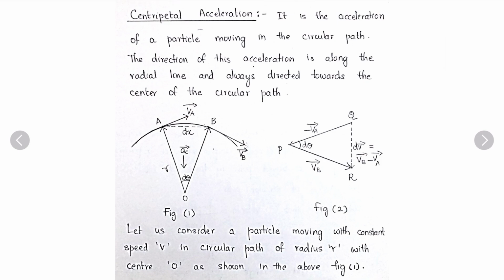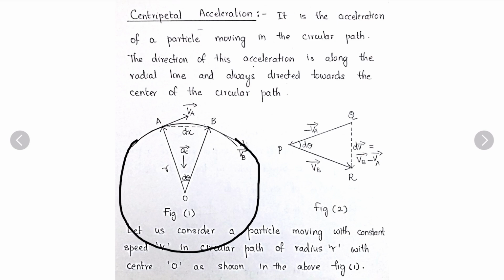Now here in this figure, O is the center of the circle. We did not take the full circle, we have taken only one part of the circle. Suppose if you extend it, it will become a big circle like this.